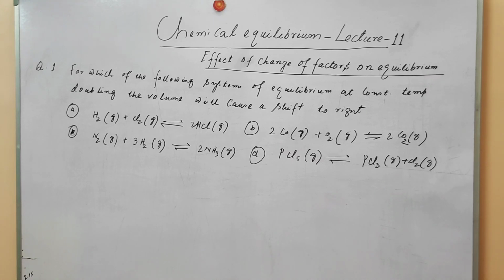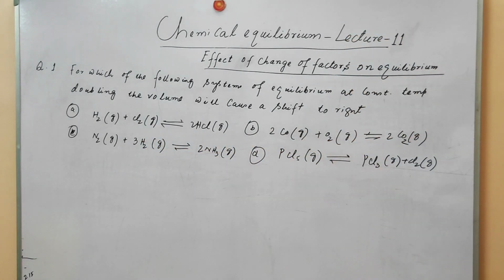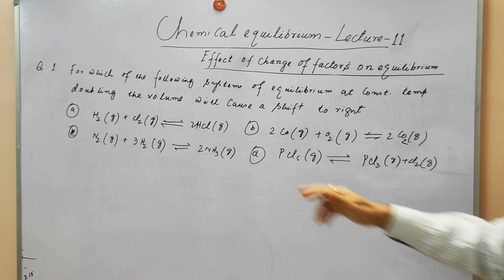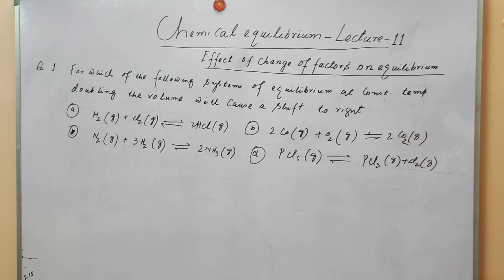Question number 1. For which of the following systems at equilibrium at constant temperature will doubling the volume cause a shift to the right? Means the equilibrium will go in the forward direction. You have to find out which reaction will go forward, not reverse, with the doubling of the volume.